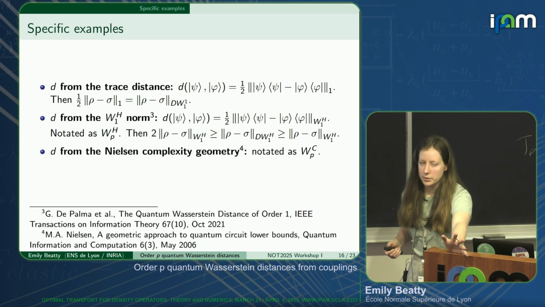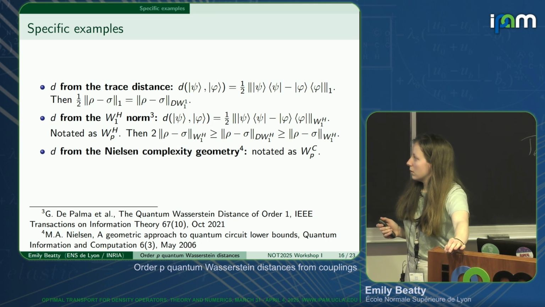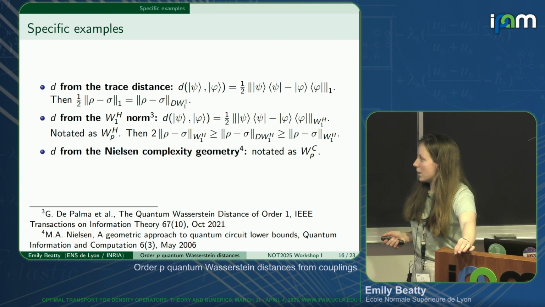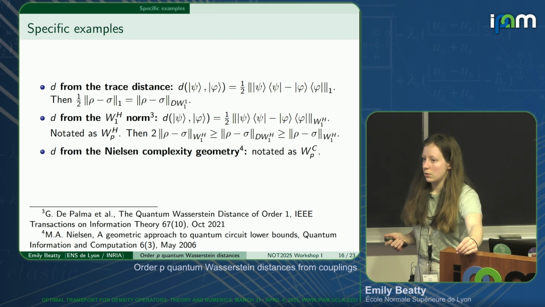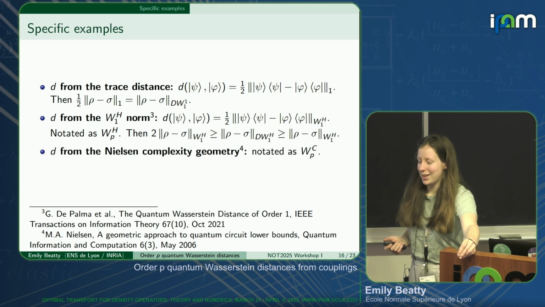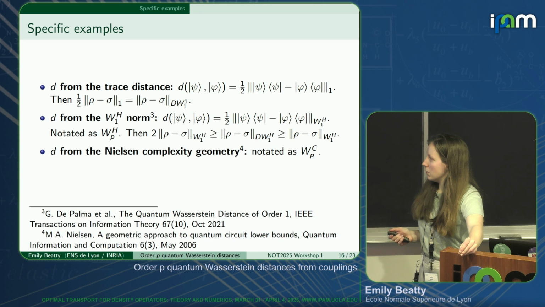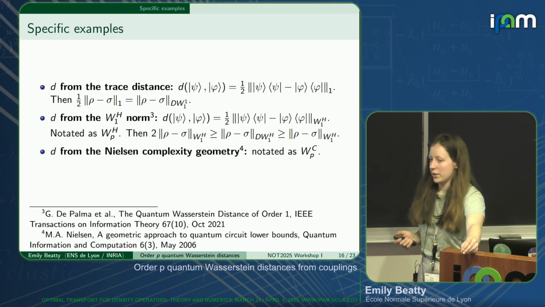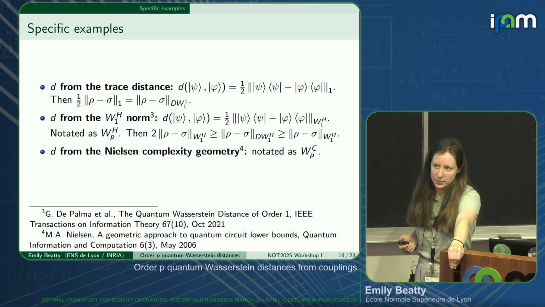In the interest of time, I won't go into the full definition, but essentially, if you take D to be a distance on pure states which almost directly encodes the computational complexity of transforming one state into another, you get a very neat quantum Wasserstein distance of order P with respect to computational complexity between quantum states.